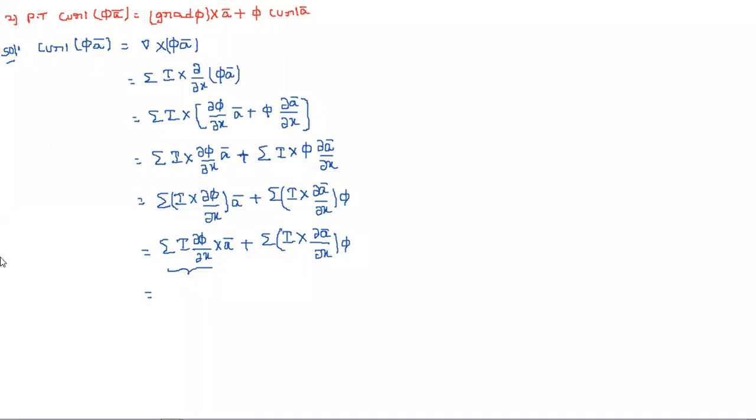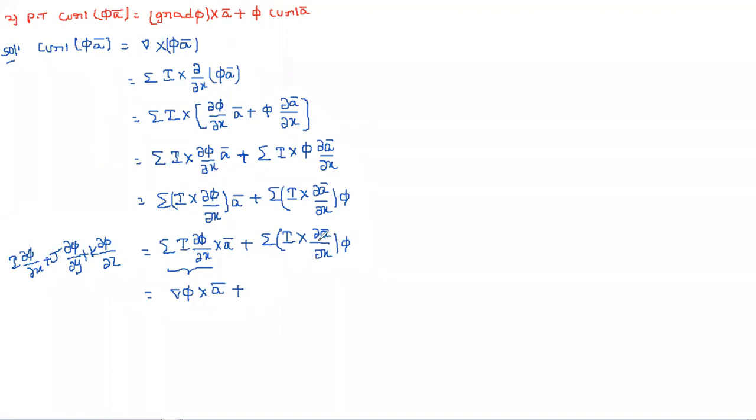If you expand the first summation, we get i dou phi by dou x plus j dou phi by dou y plus k dou phi by dou z. This is i dou by dou x, j dou by dou y, k dou by dou z, which is del, and phi here. So we can write del phi cross a bar plus the second term.